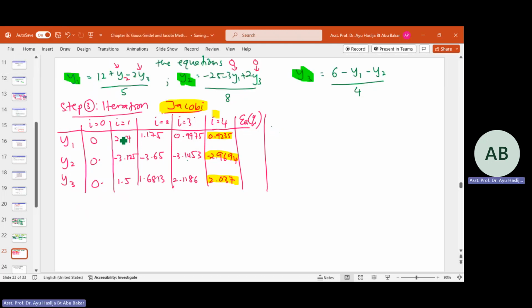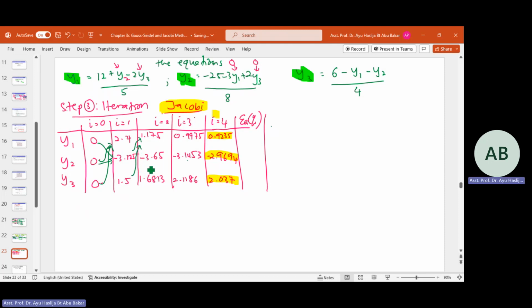Okay, let me repeat. To get iteration 1, use values from the previous iteration column. 0, 0, you get Y1. Okay, this one, use 0 and 0 as well. All from the first column, the previous column. Now to get iteration number 2, for Y1, you should use Y2 and Y3 from the iteration 1 values.